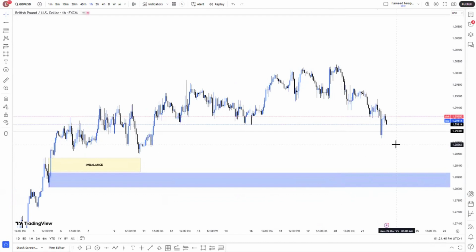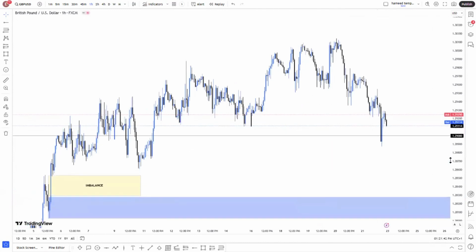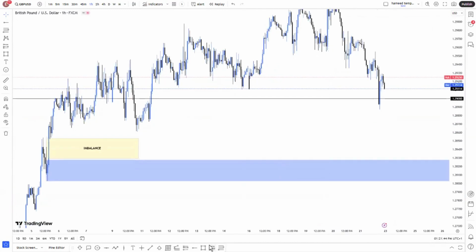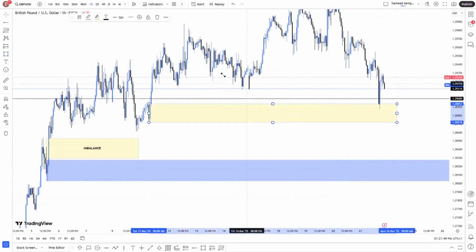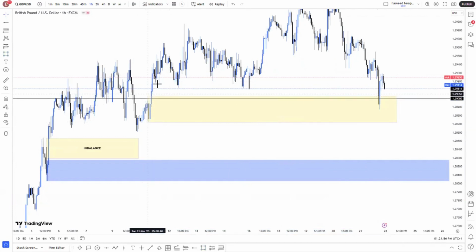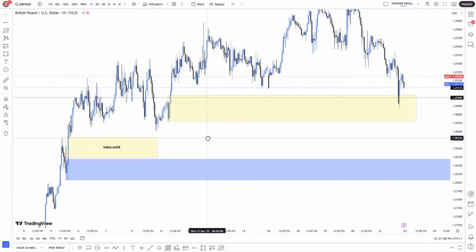But looking at this level, I'm looking at another origin here which the market is already reacting from. It is this demand zone here, which also presents an imbalance, and the market is already moving from there.